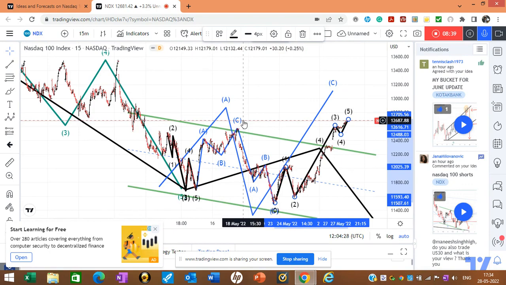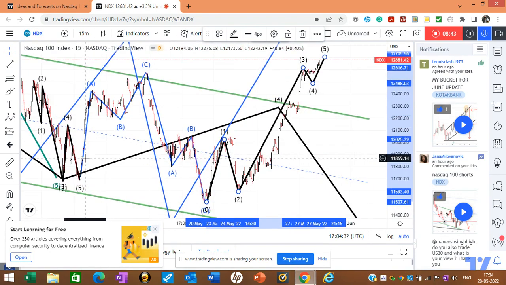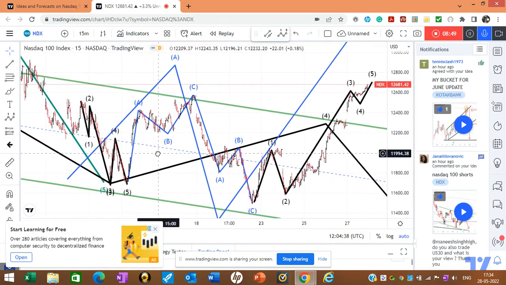So when I go to a smaller time frame, I can see that the last wave I was counting as one wave, the one and two waves, are actually part of the earlier waves.